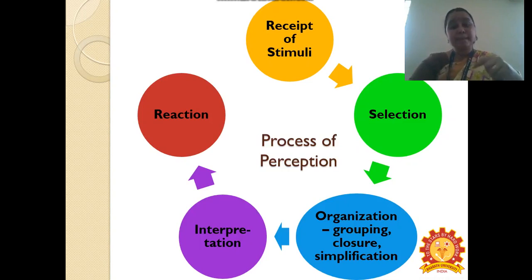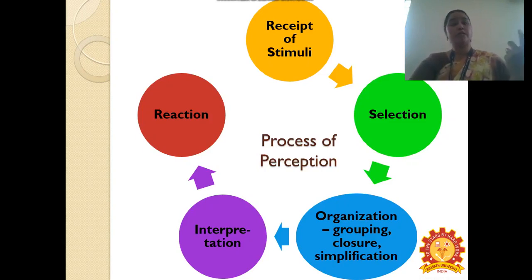Then the last step in the process of perception is reaction. What happens in reaction? Reaction is the final outcome or the final act of perception. The reaction may be of different types.